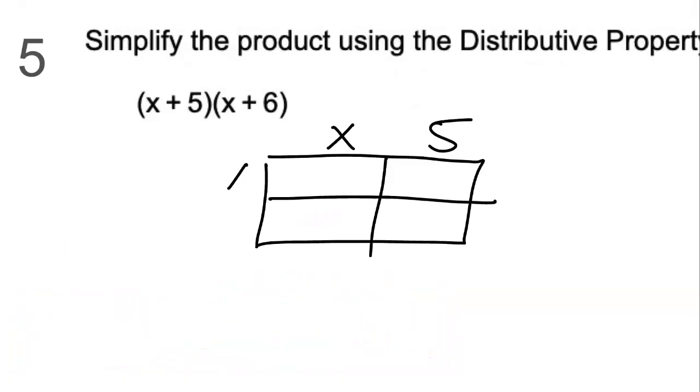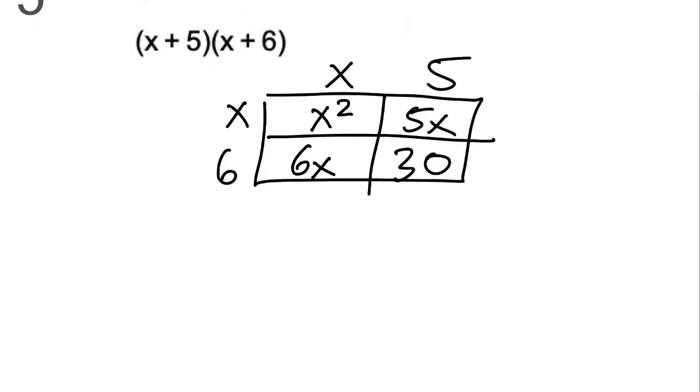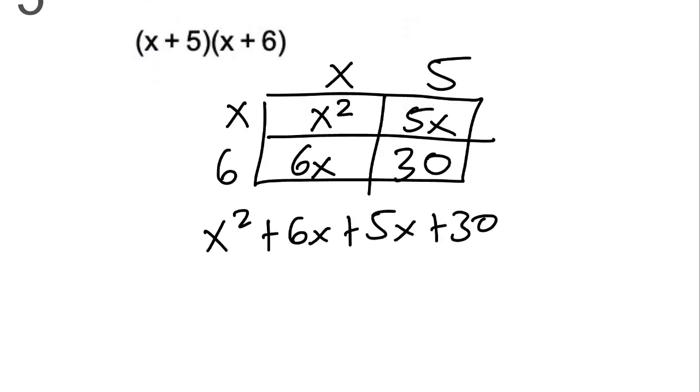(x + 5)(x + 6). So x times x gives us x squared, x times 6 is 6x, x times 5 is 5x, 5 times 6 is 30. But if you need help with multiplication, just use a calculator. So then the very last step is write in standard form: x squared plus 6x plus 5x plus 30.